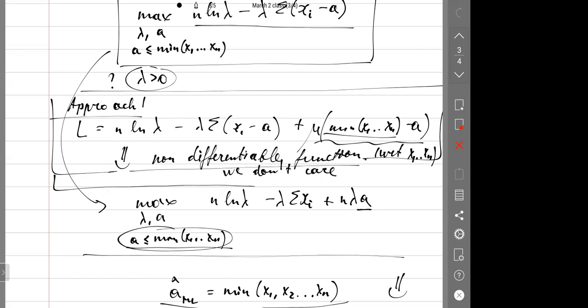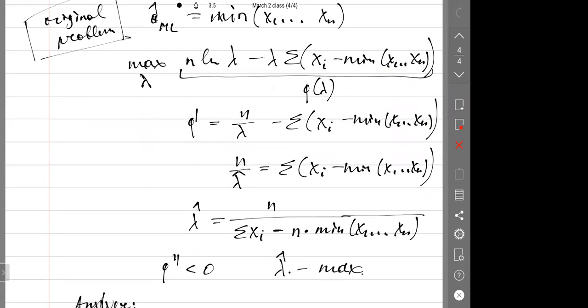We can use the Lagrangian multiplier approach here. You are completely right, thank you very much. But our solution is also fine. Any questions? I just thought, oh, it's non-differentiable, so I use another approach.